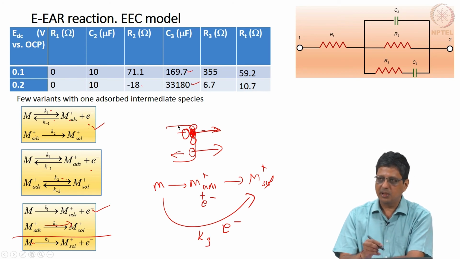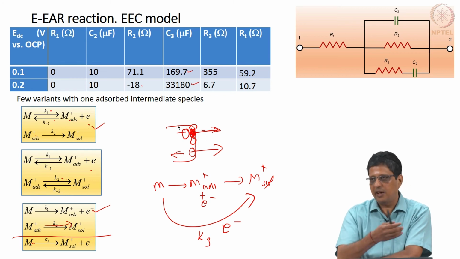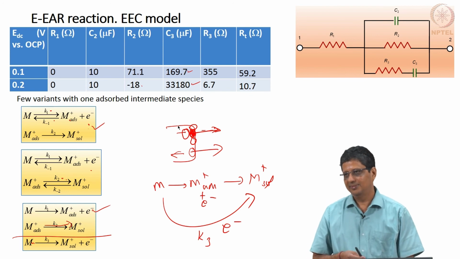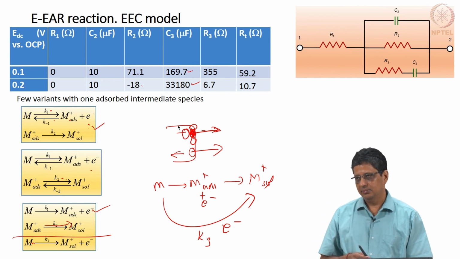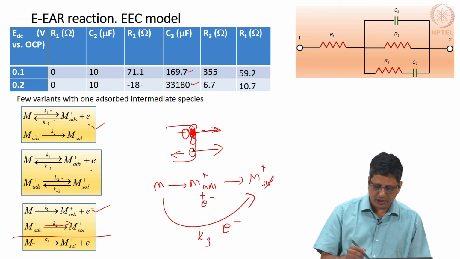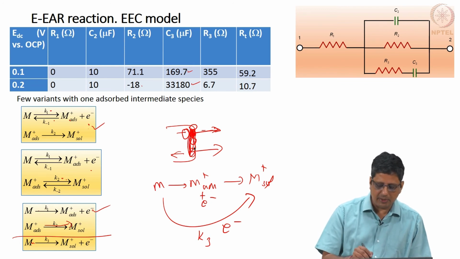By Langmuir isotherm model, we say whether this is M-adsorbed or neutral metal, it does not affect the rate of the other one. That's what I am saying, that K3 will be negligible in the case of the third case. No, if the rate constants are such that at some potential mostly metal is covered with metal adsorbed.